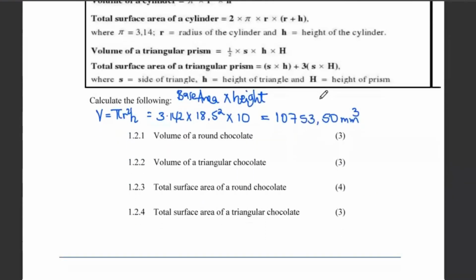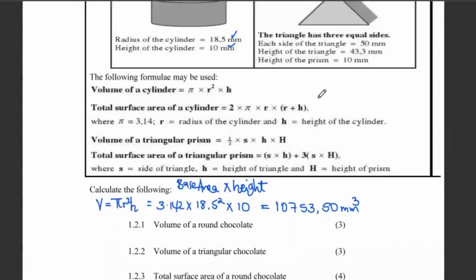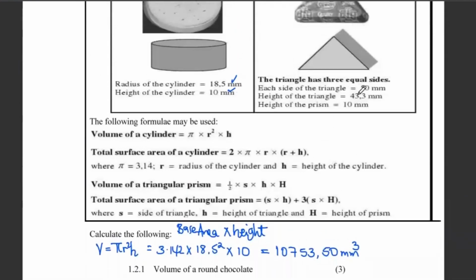So we come down there, we look at volume of a triangular prism, the triangular chocolate. Let me first number.